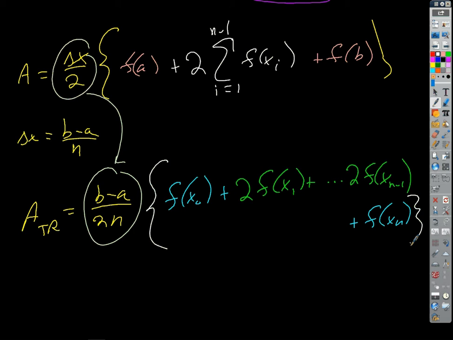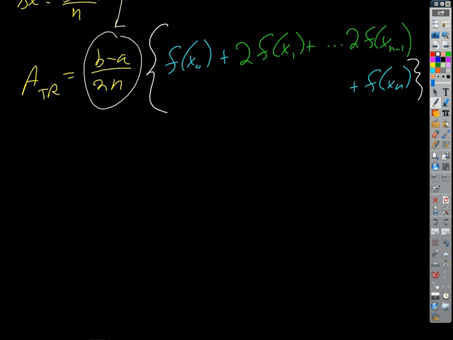Okay, why not write all that stuff in the middle using sigma notation, right? That's what we should do, I think. That's literally how the book writes it out; we would add that up using sigma notation. So we should write this instead as b minus a over 2n, and usually I'll just group these two together.